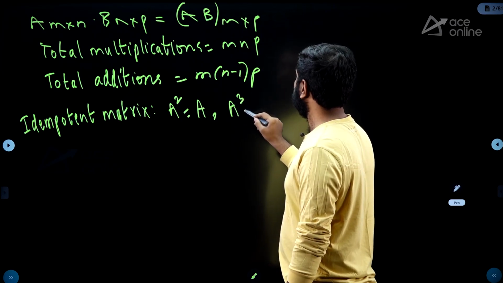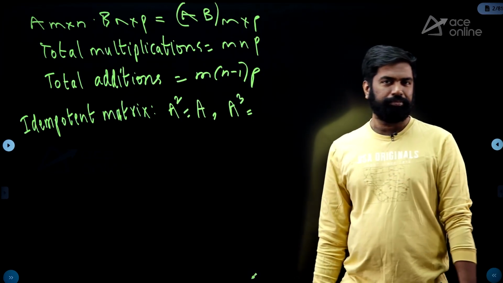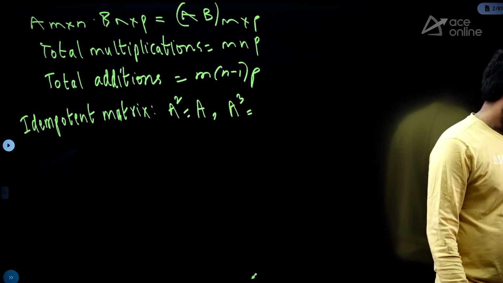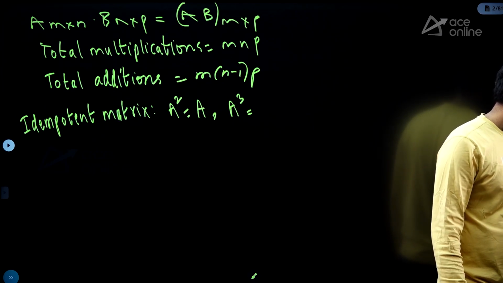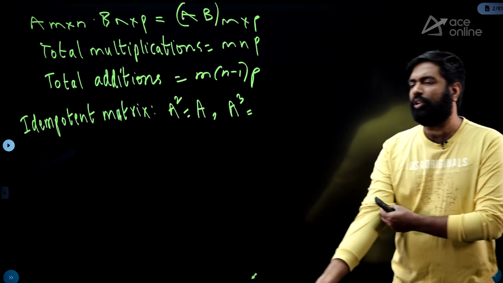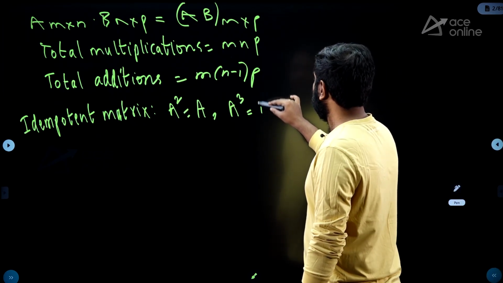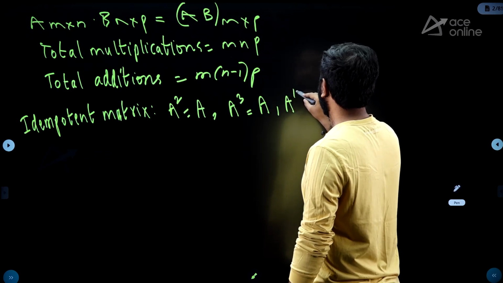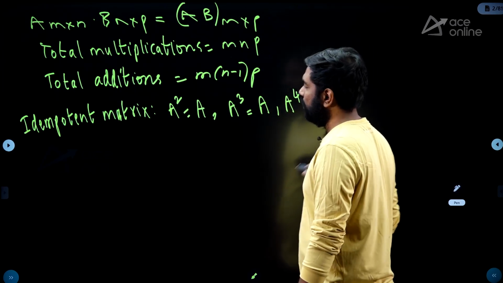Let's ask the students, what is A cube? And all the students are saying A cube is also A. Excellent. A cube is A, A power 4 will also be A, and so on.